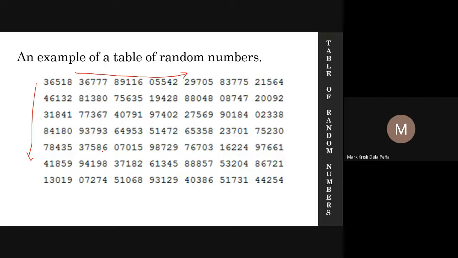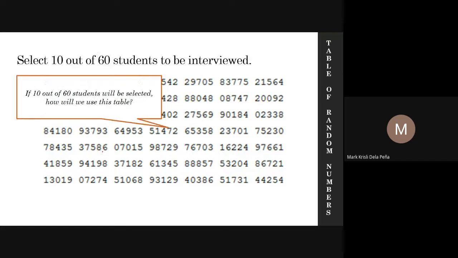Again, say I have students and I want to select 10 out of them. How will I use this table of random numbers? Recall that our goal is to select 10 out of 60 students, which means the largest number here is 60 and the smallest number is 1. If I list all of my students from 1 to 60, each one will have a specific assigned number.